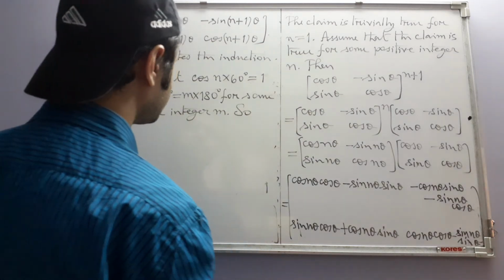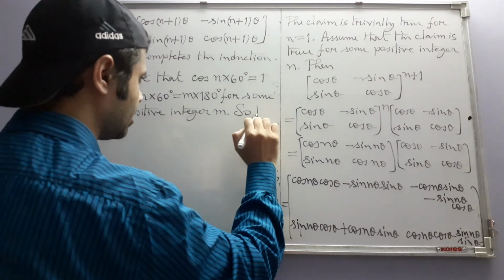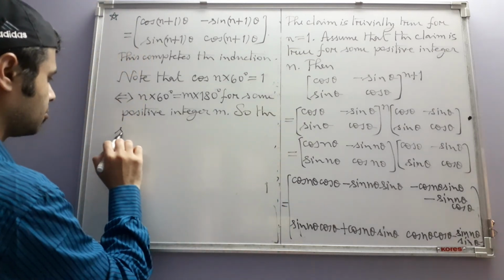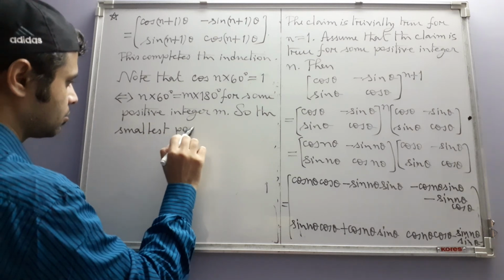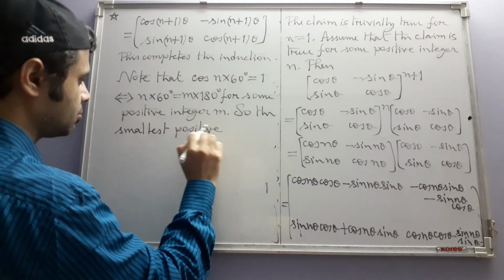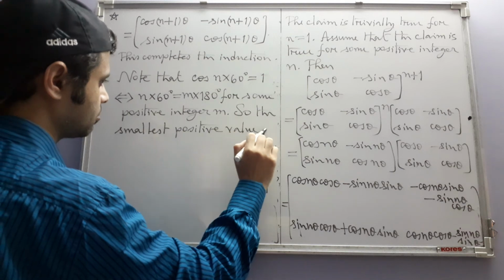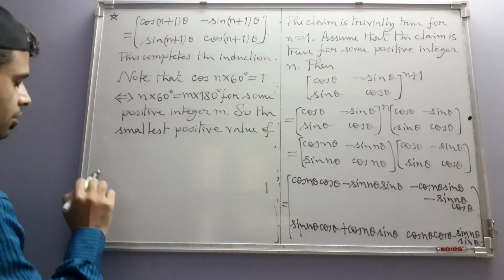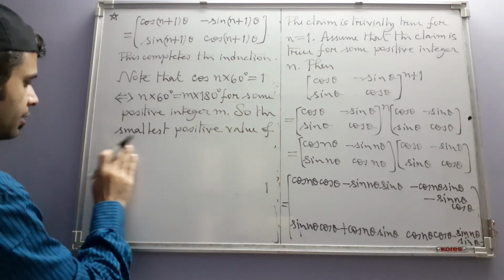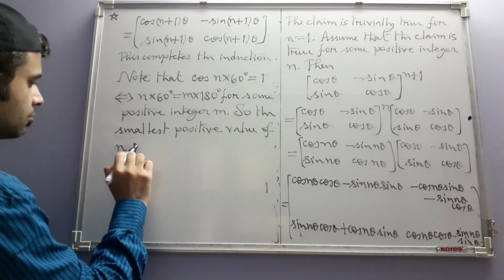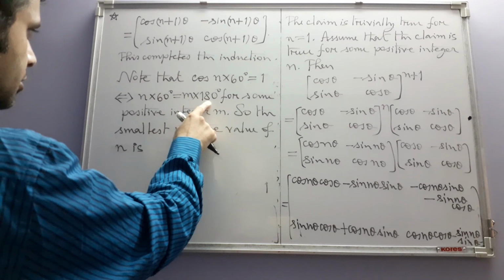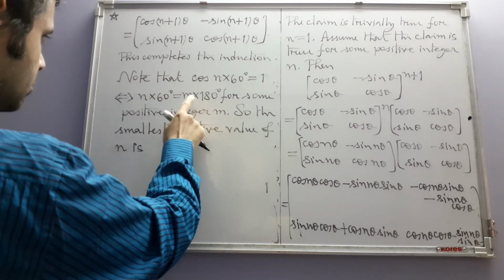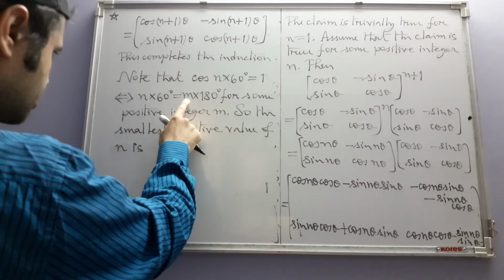So the smallest positive value of n is going to be what? This is going to give me 3, since m itself is positive.